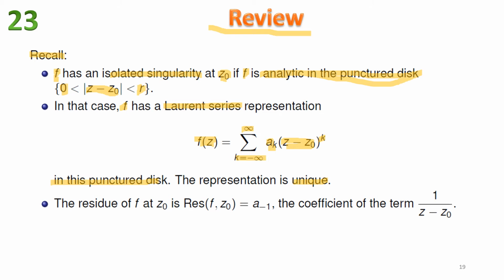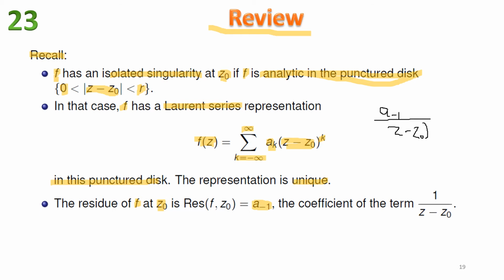Then the residue of f at z0 is a minus 1. I would like to further highlight that the a minus 1 coefficient is associated with the term 1 upon z minus z0.